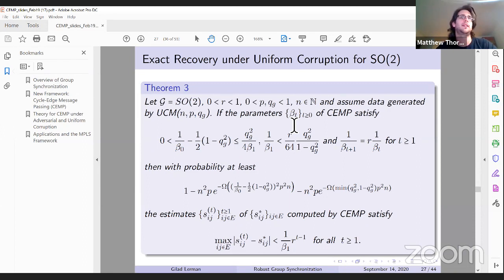In terms of information theoretic bounds, the only work I know about is for Z2 synchronization, by Emmanuel Abbe, Bandeira and Singer, and I forget one of the co-authors. We don't match their information theoretic bounds, so we don't get a sharp estimate.